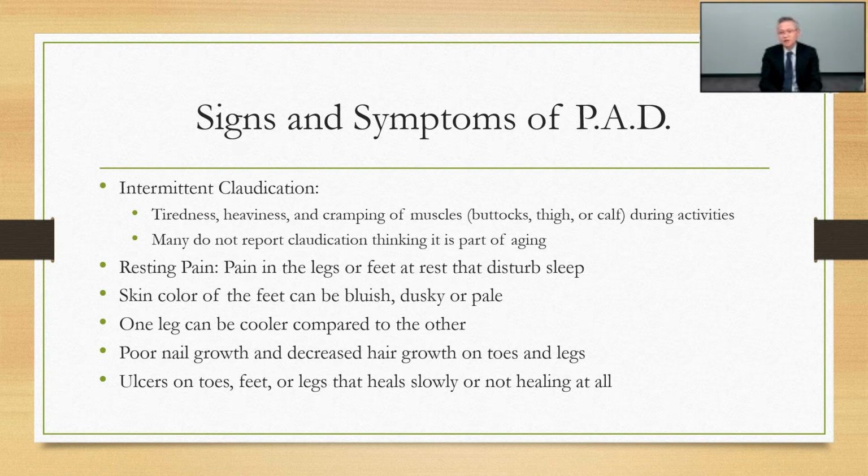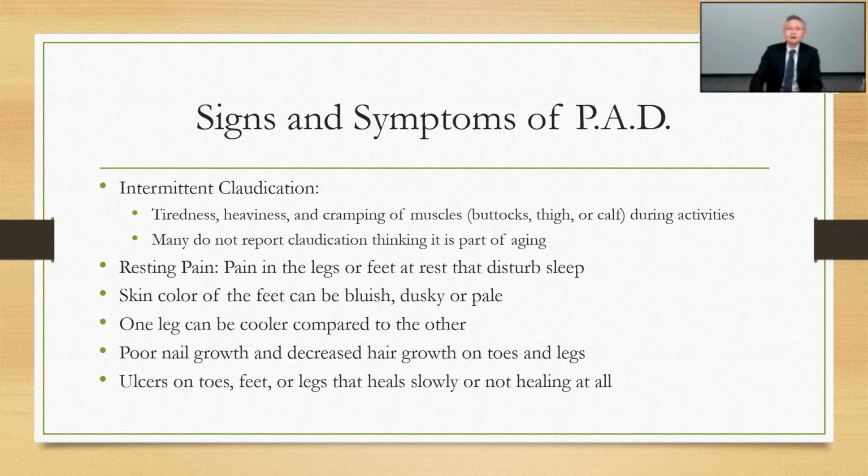So if you have an ulcer after you have claudication, there is no way that ulcer will ever go away. The only thing that's going to happen to that ulcer is that it might stay the same, or it might get larger, and at some point it might get infected, and that's when a major problem happens.